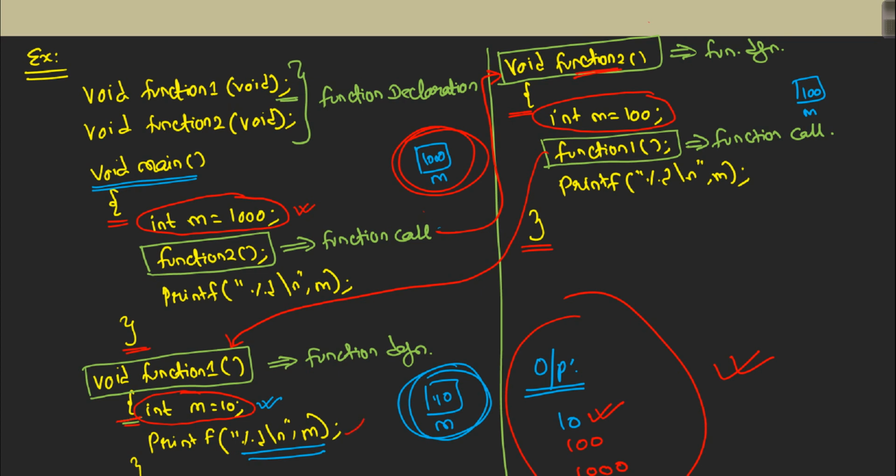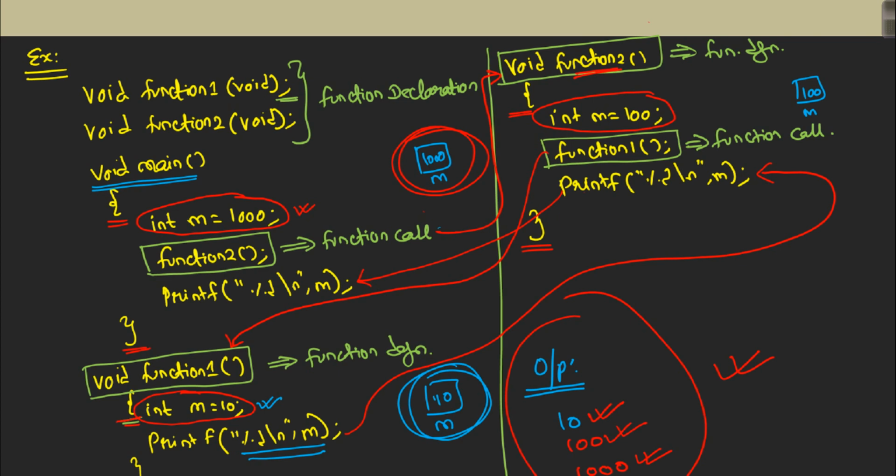After completing this, you go back to function 2 where you print m. Currently the value of m here is 100, so you will print 100. And after completing this, you go back to this particular place, where the value of m is 1000. The 1000 will be printed. That's all. So this is about the automatic variable or automatic storage class.